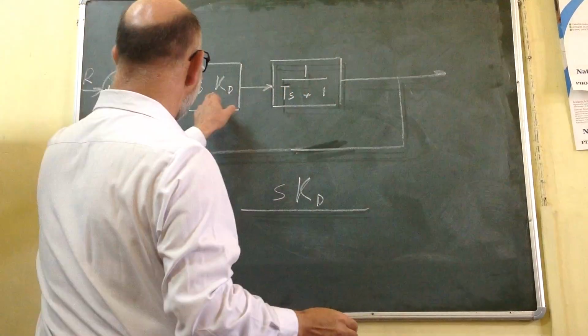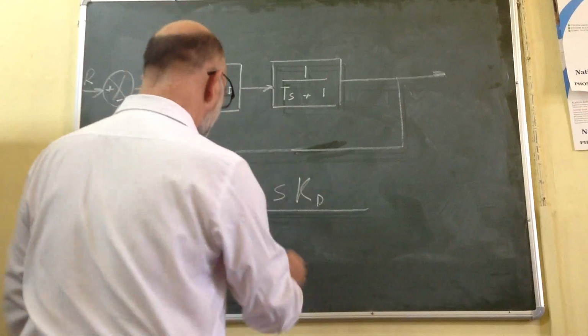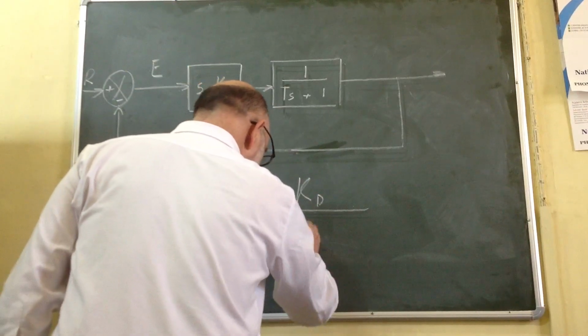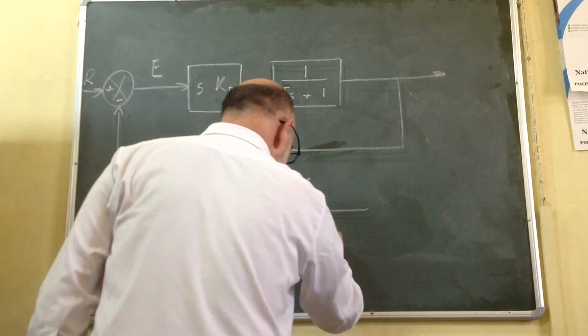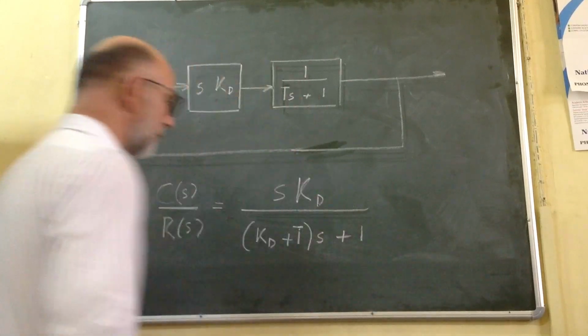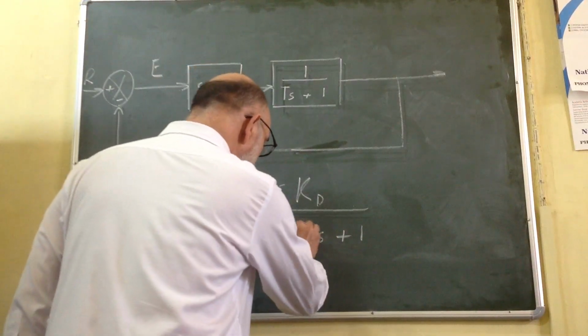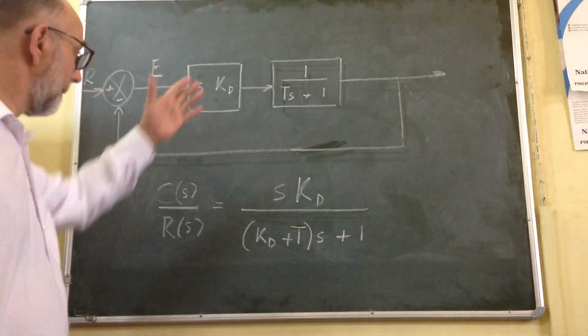So we'll have S plus KD over KD plus T, where T is the time constant of the system. You can take a moment to verify whether this indeed is the closed loop transfer function of this kind of system.